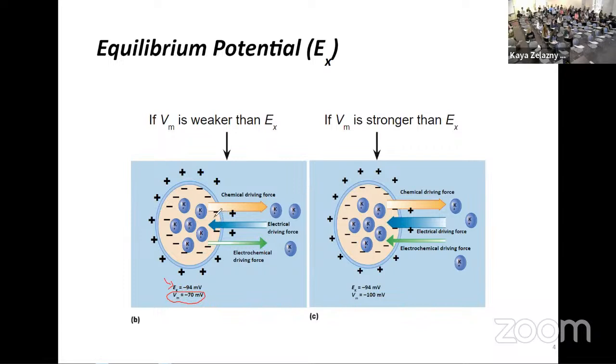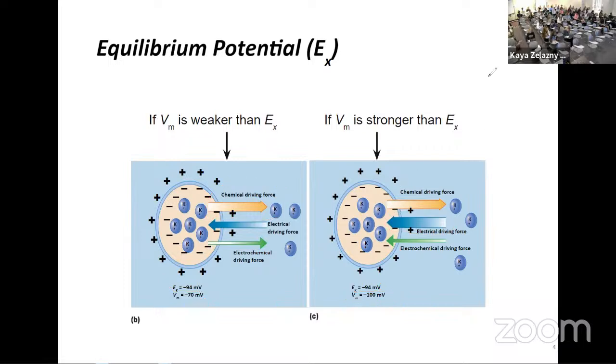So this chemical driving force predominates and drives that electrochemical driving force. So if Vm is weaker than E of whatever it is, the chemical driving force wins. If Vm is stronger, in this case -100, a bigger magnitude than -94, then we have our electrical driving force predominating. If that makes sense to you, think about it that way.